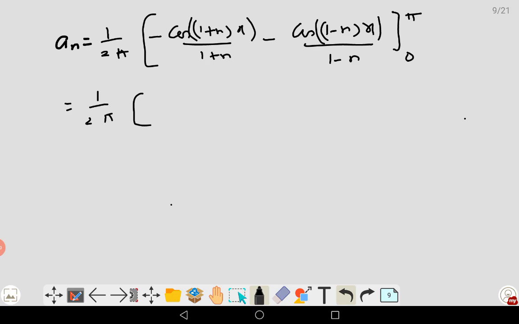You get 1 over 2 pi. What we get, keep the minus outside, cosine n plus 1 pi will be minus 1 to the power n plus 1.